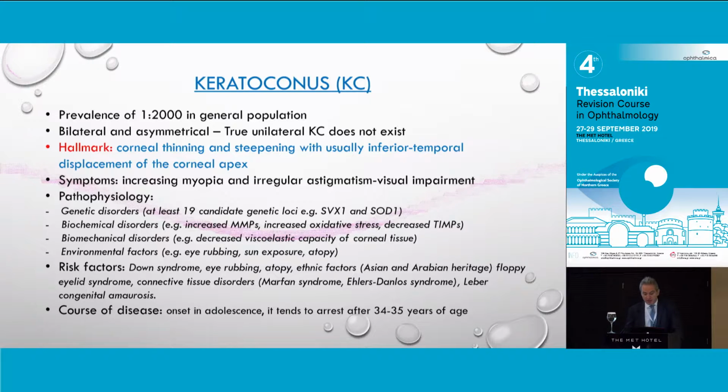not. Now, about progression patterns of keratoconus, we know that it's very aggressive in children. It typically tends to be clinically manifest in adolescents of 13, 14, 15 years of age, but it's not unusual to see children of 7, 8 years of age having keratoconus.